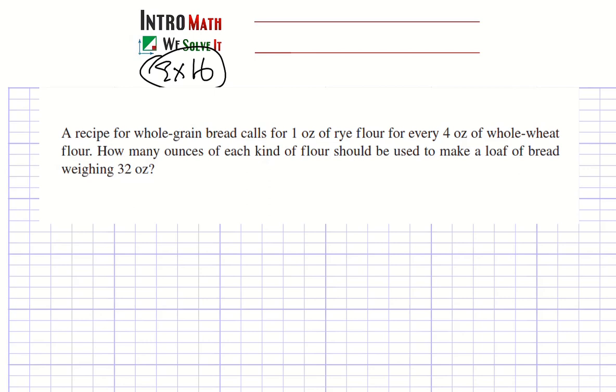Okay, how many ounces of each kind of flour should be used to make a loaf of bread weighing 32 ounces? You see, you get that? Okay. A recipe of grain, 1 ounce of rye. Okay, I hope we're doing all this right.